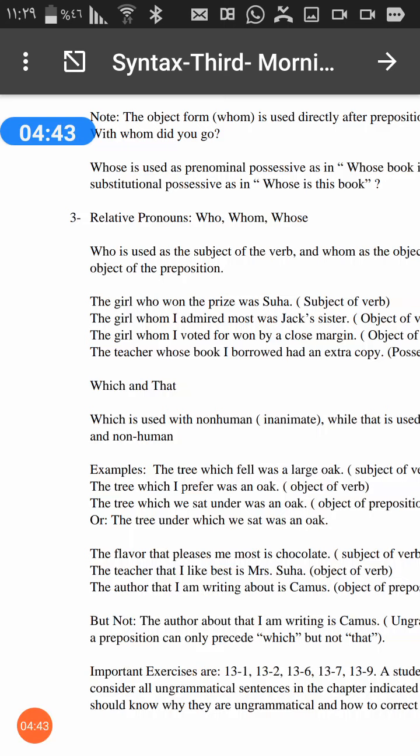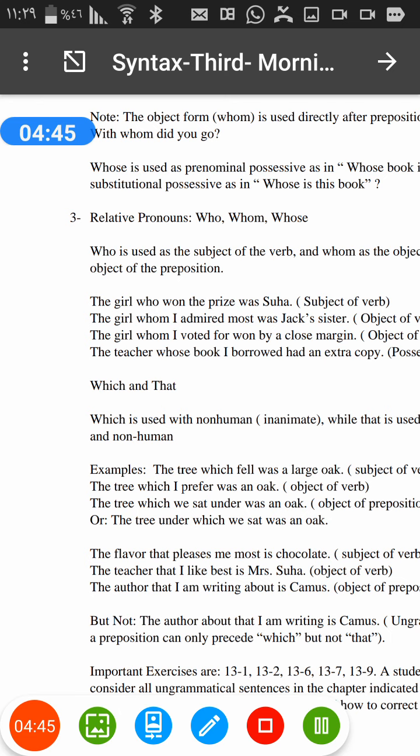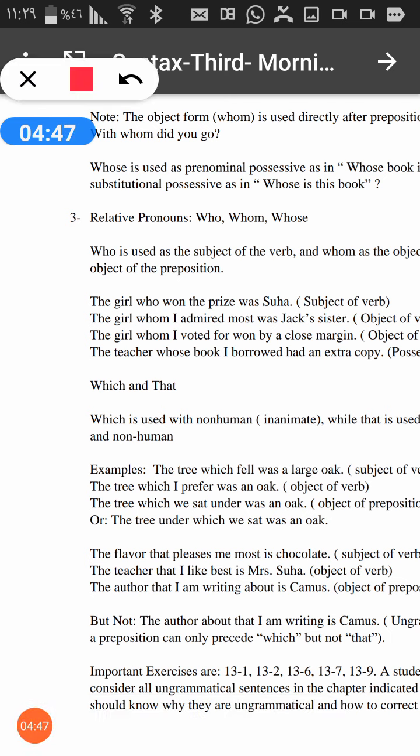So the relative pronoun ضمير الوصل who, this first one, is used as the subject of the verb, but whom ولكن ضمير الوصل whom is used either as the object of the verb مفعول به للفعل or object of the preposition، أو مفعول به لحرف الجر.